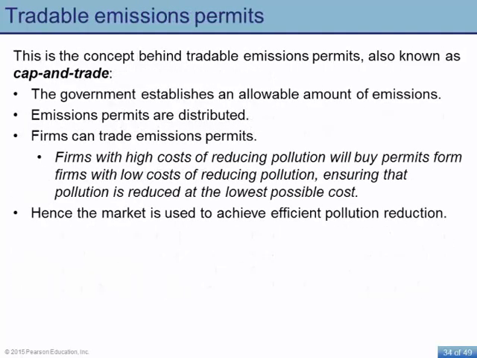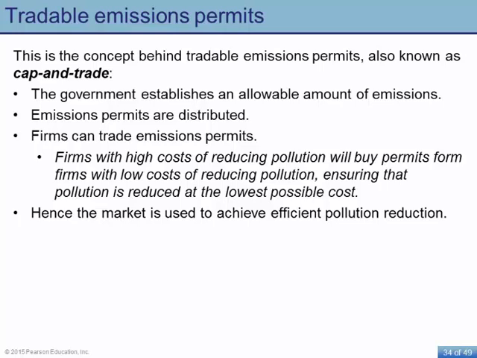This is an example of a market-based approach to reducing air pollution from automobiles by setting up what is known as a cap-and-trade system. First, the government sets a targeted amount of allowable pollution or emissions. Second, these emission permits are distributed to the firms, for example Ford and GM, and they can be evenly distributed as well.